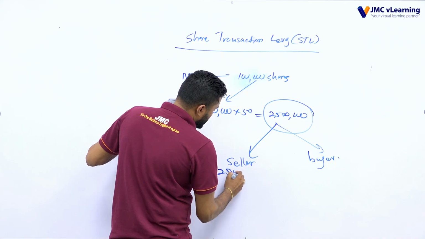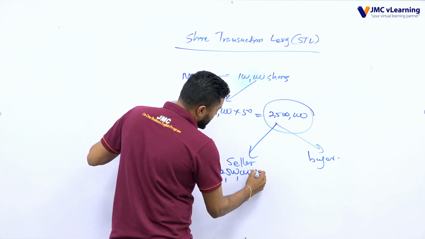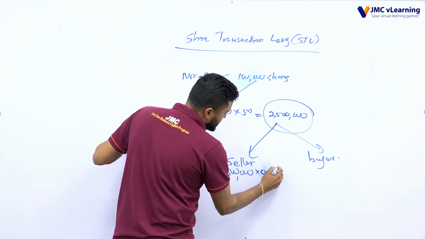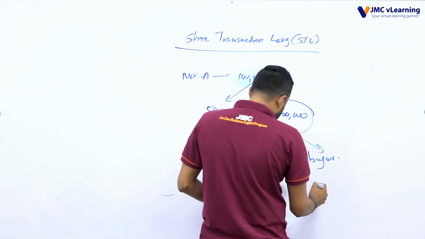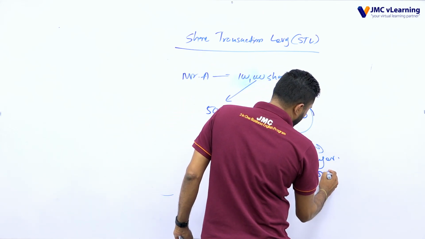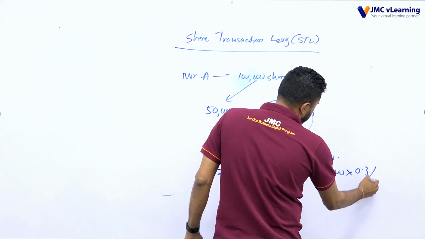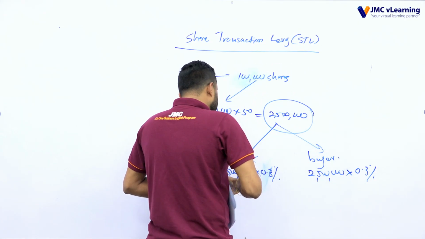So 2.5 million into 0.3%. So in this case also 0.3%. So we'll see what is the value.